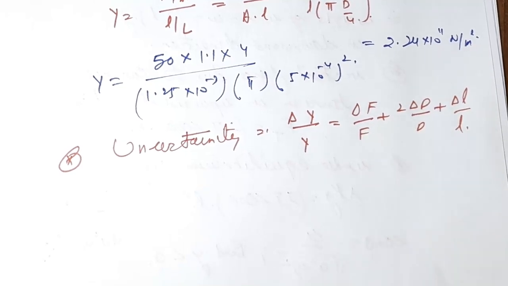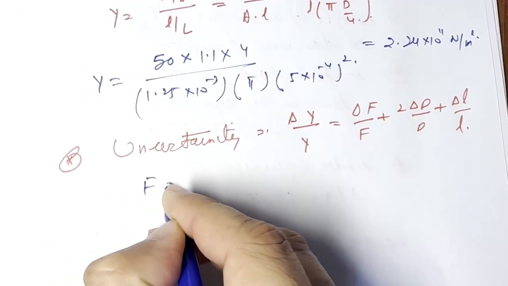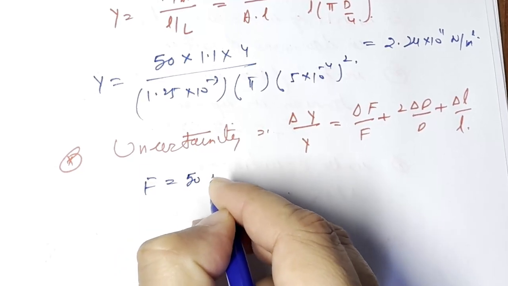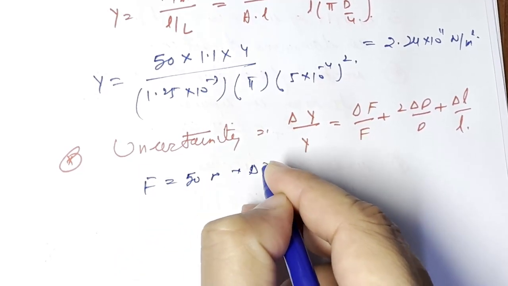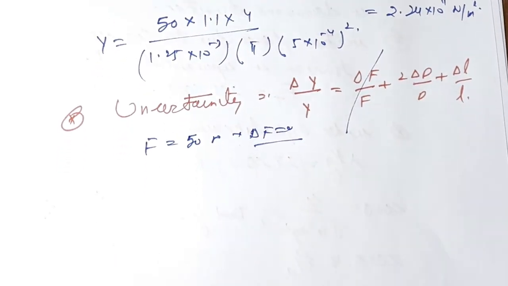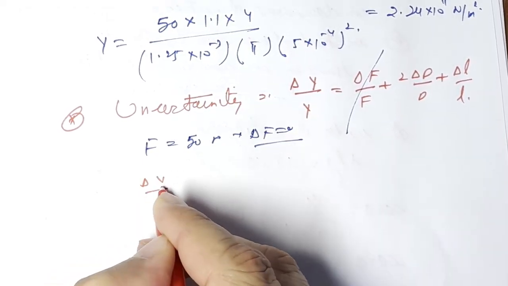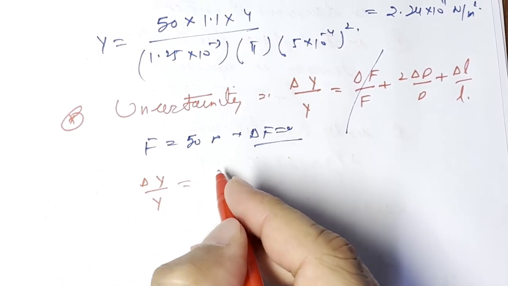Our force is given as constant, which is 50 Newton, so obviously the value of delta F will be equal to 0, so this term goes away.